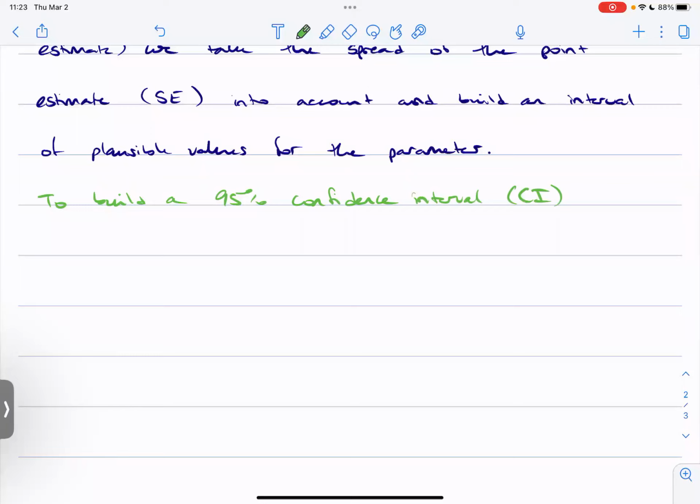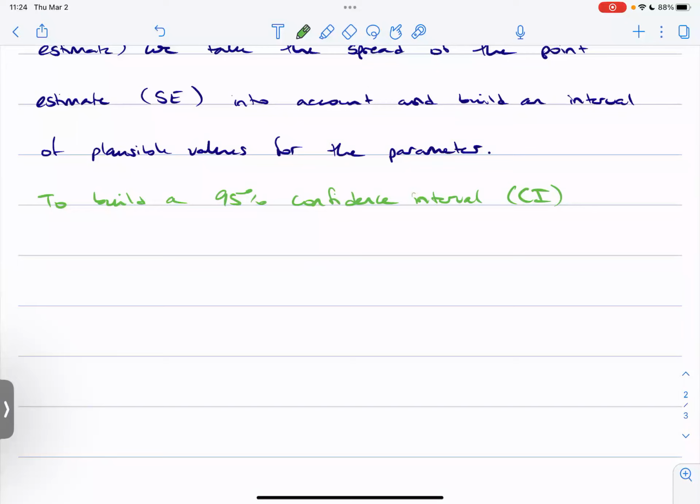To build a 95% confidence interval, we're going to move out some number of standard errors from our point estimate. You might remember the 68, 95, 99.7 rule. Central 68%, 95%. So we're going to move out roughly 2 standard errors away.